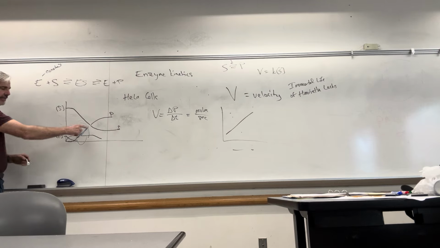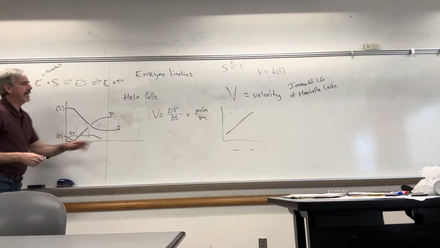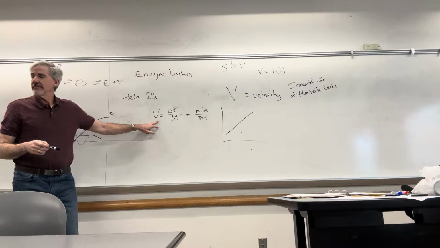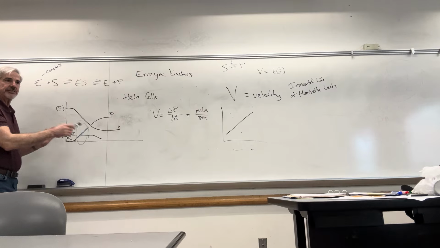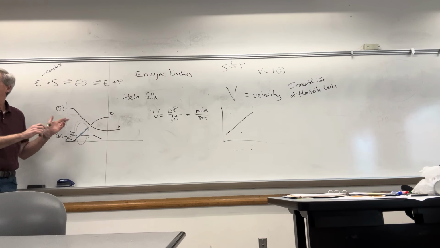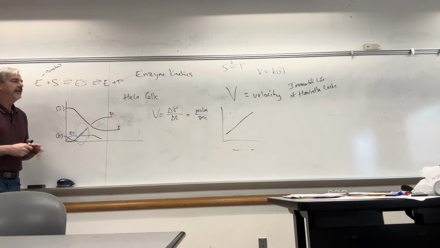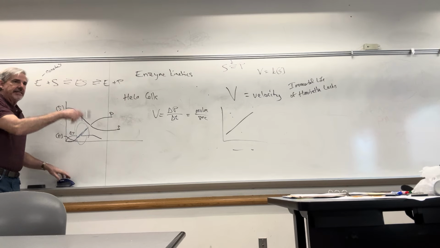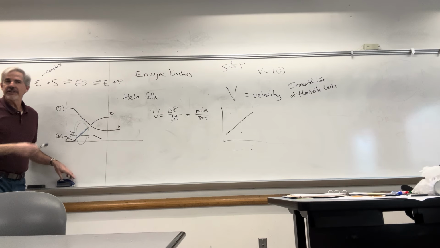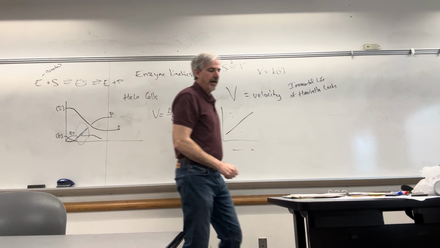Then you can calculate the rate and get your velocity. We can do that experiment at different substrate concentrations and under different conditions and see how it affects the velocity. So we'll get into how Michaelis and Menten gave us the analysis to know what we're doing with that. That'll be next time.